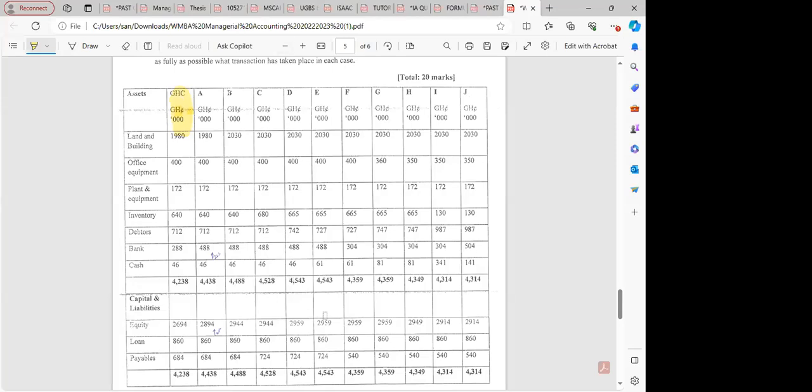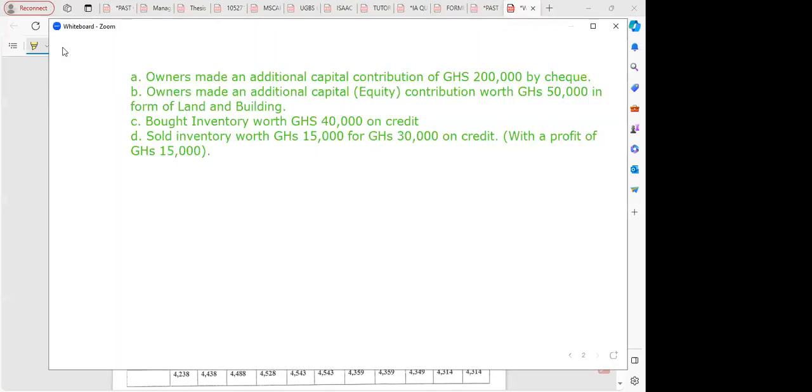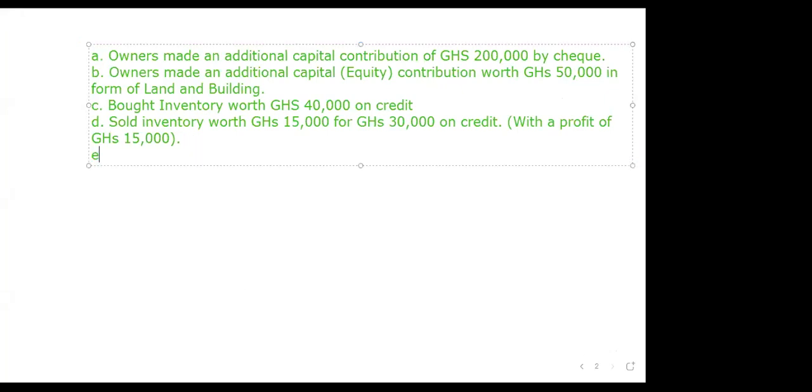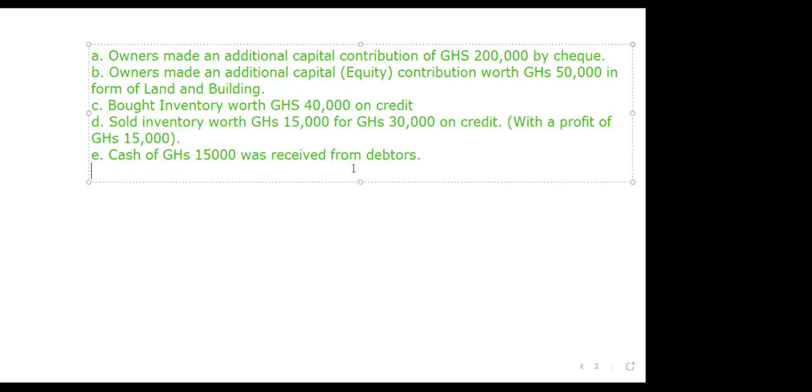Let's try to put this down. Okay, so cash of 15,000 was received from debtors.